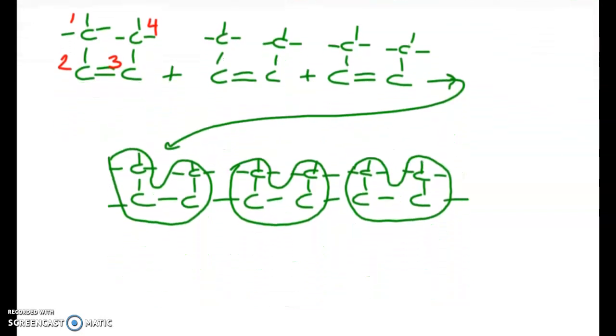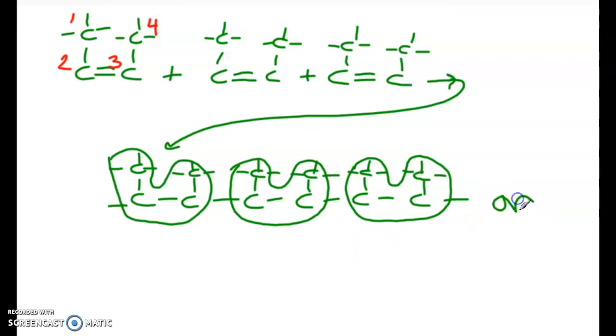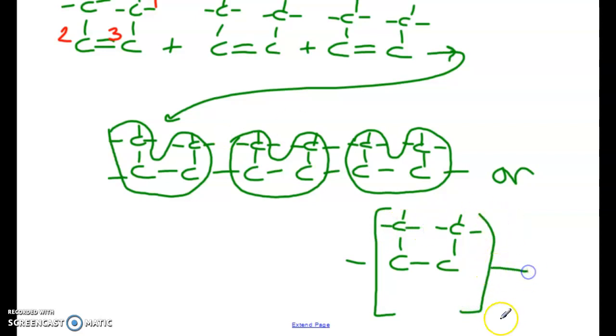So the other way of doing this is we could have written it as the condensed one. So we can do this, with the line on the outside, and so it's assumed obviously the connections would be along those carbons.